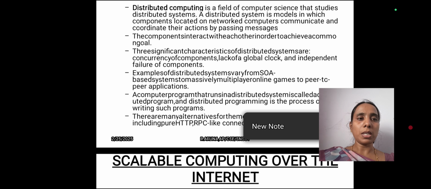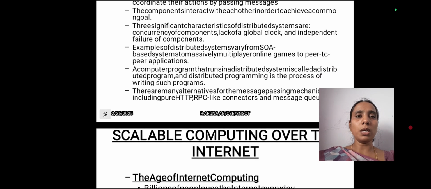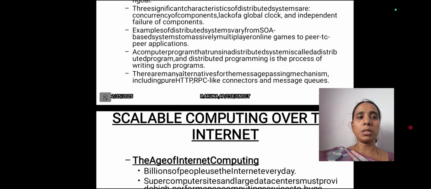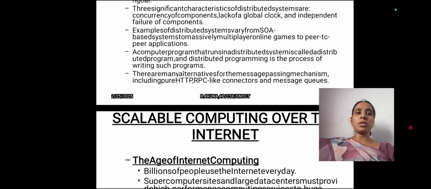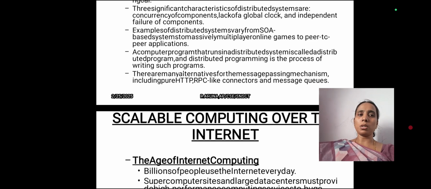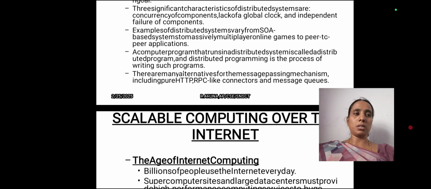A computer program that runs in a distributed system is called a distributed program, and distributed programming is the process of writing such programs. There are many alternatives for the message passing system, including HTTP, remote procedure calls, and message queues, etc.